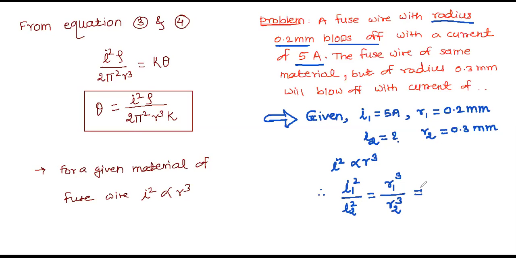That implies I1 by I2 whole square is equal to R1 by R2 whole cube. Clear? So let's substitute the values. First note this down and let's move ahead.